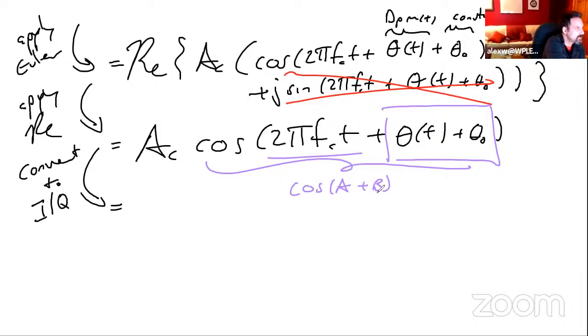Cos of A plus B is going to be equal to cos A cos B.